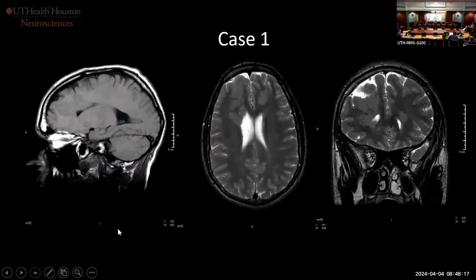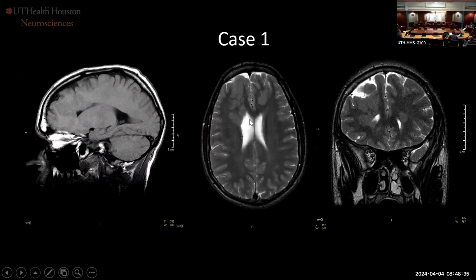So this one, now this is where you guys start talking. Dallas, you wanna crack? Cortical heterotopia. Okay, so is this the cortex?